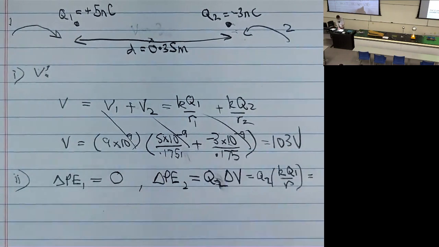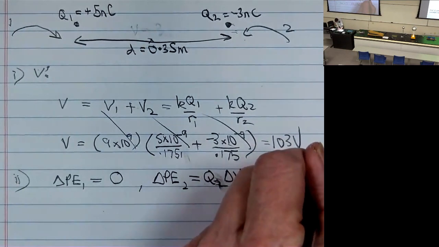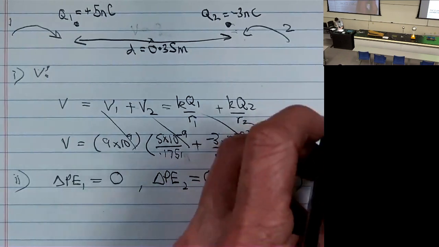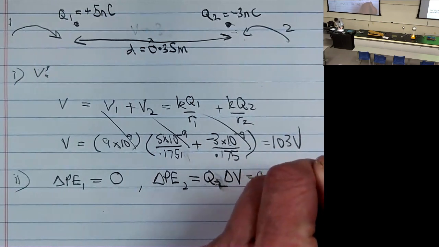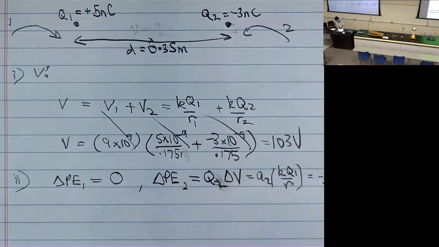If I filled in all those numbers, the 2 charges, the distance between the charges, and the Coulomb constant, that tells me that the change in electrical potential energy of charge number 2, when I bring it close to charge number 1, is minus 3.9 times 10 to the minus 7 joules.